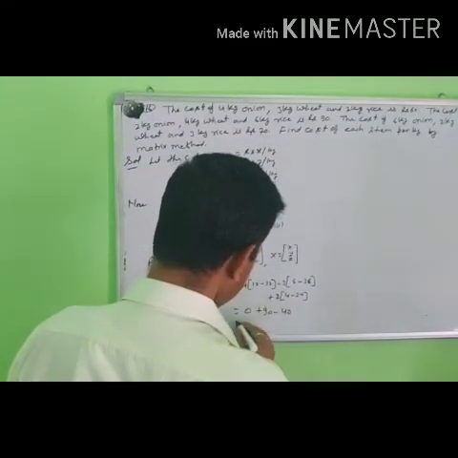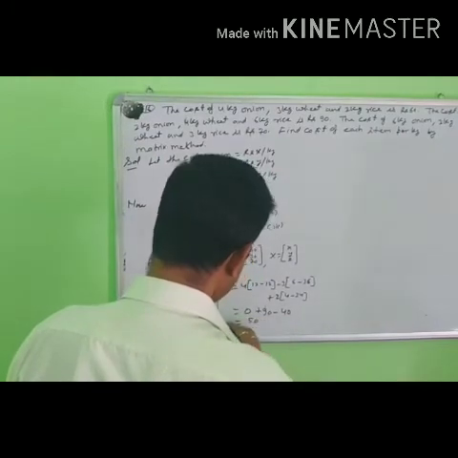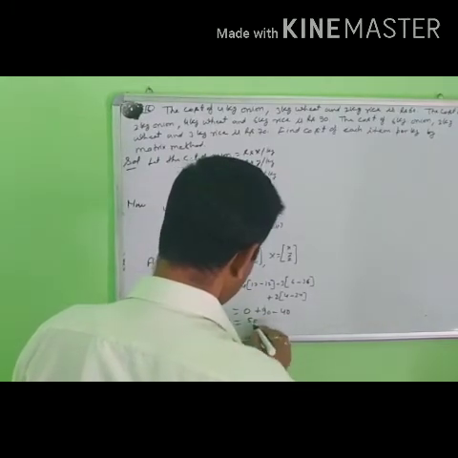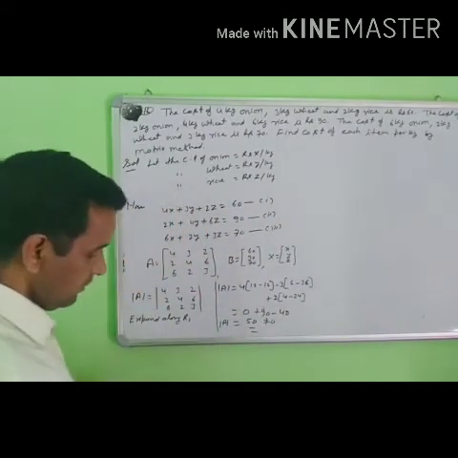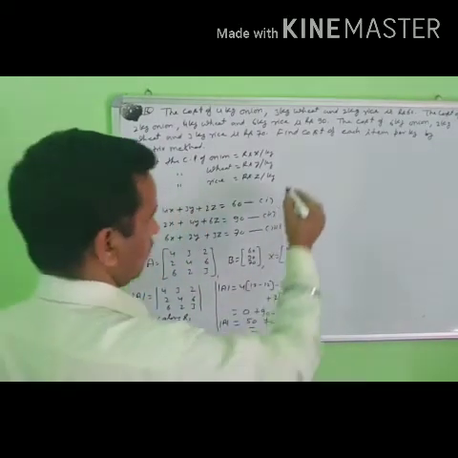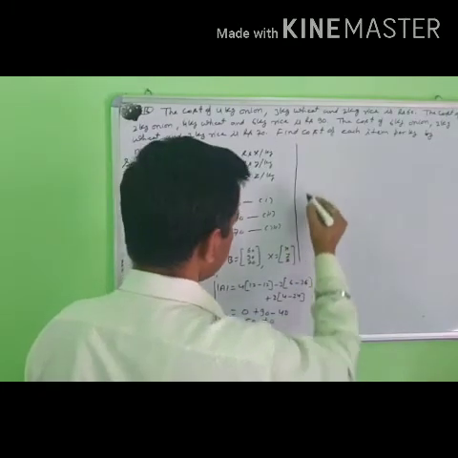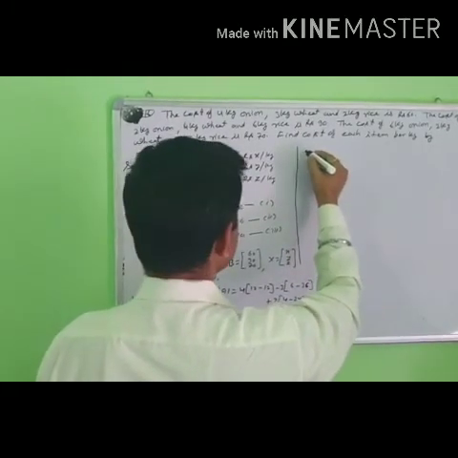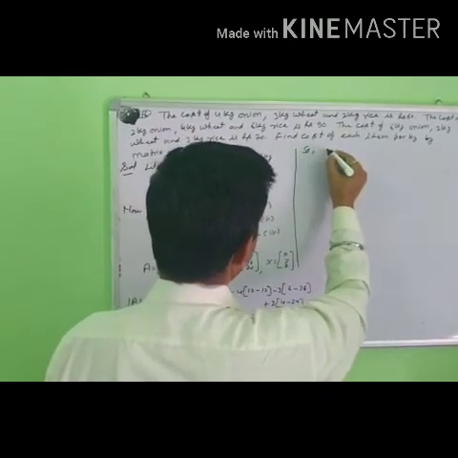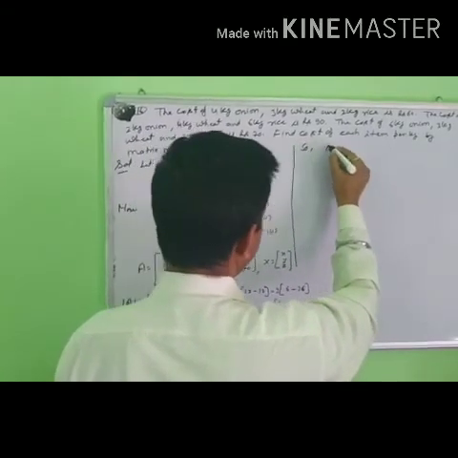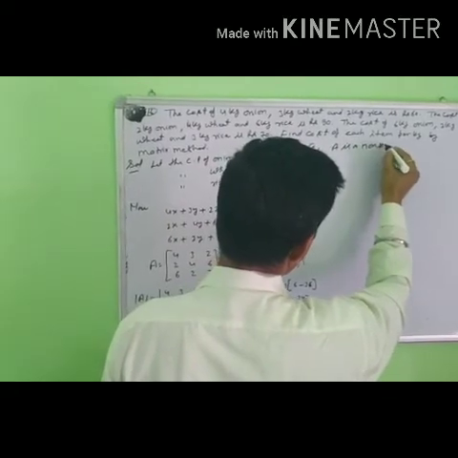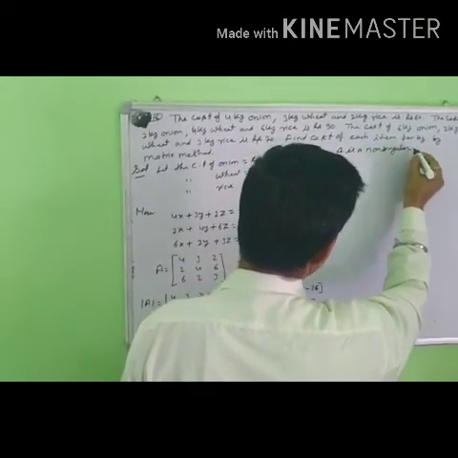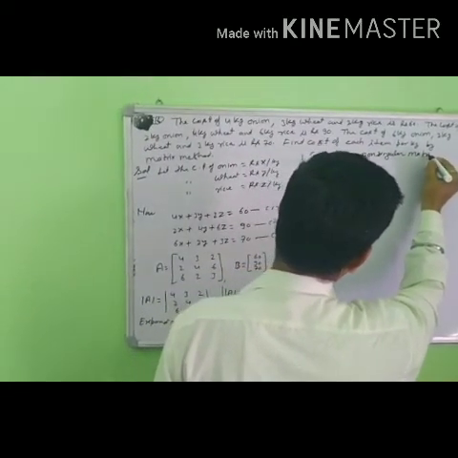The answer will come here 50, which means the value of the determinant is not 0. So we can write here, matrix A is a non-singular matrix.